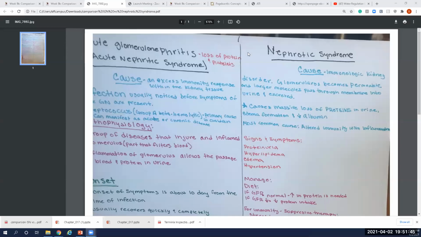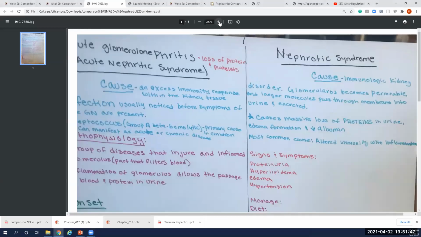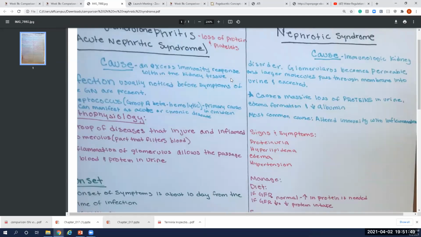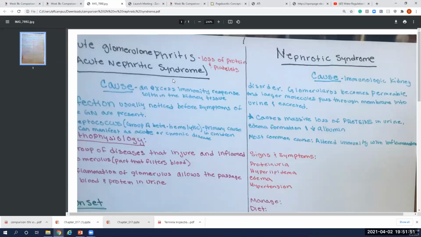Armel says she's doing hers the same. I just pulled people's up. It's not really coming all the way through, but this is how Whitney set hers up.